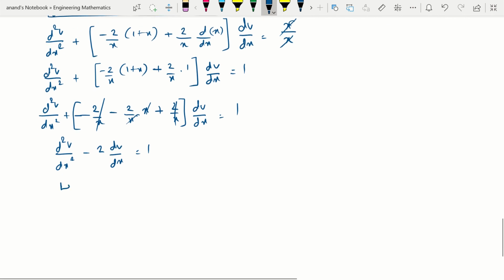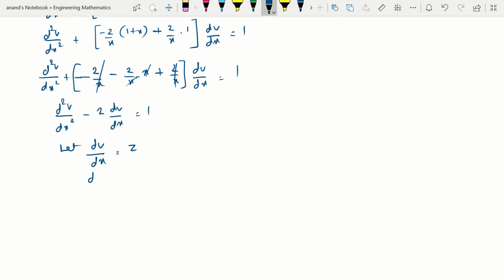Now let dv/dx equals z. So we get d²v/dx² equals dz/dx, and hence from our equation we get dz/dx − 2z equals 1.